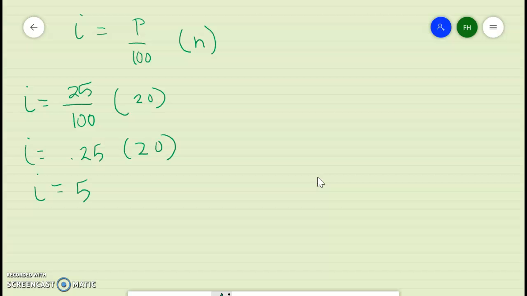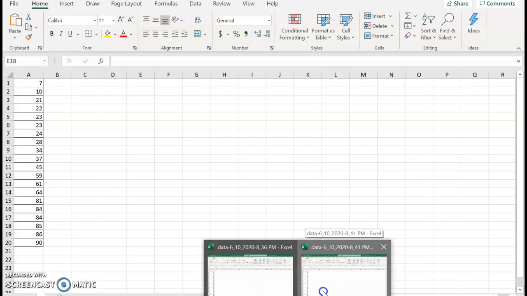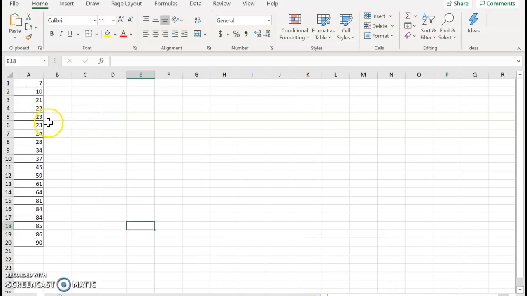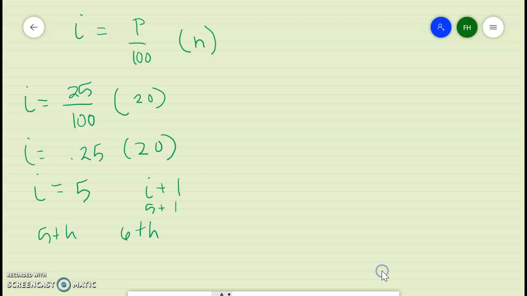Remember, if your index point is 5, you're going to find the number at the 5th position and at the 6th position, and you're going to get an average. You may not have done that on the first one and still got it right, and that's because the number at the 5th position and the number at the 6th position are the same. So if you were to average those, you would still get 23.